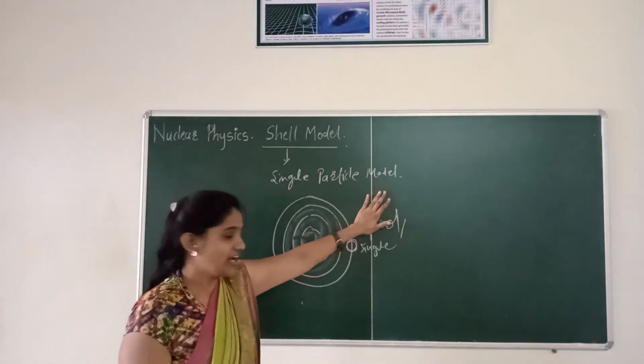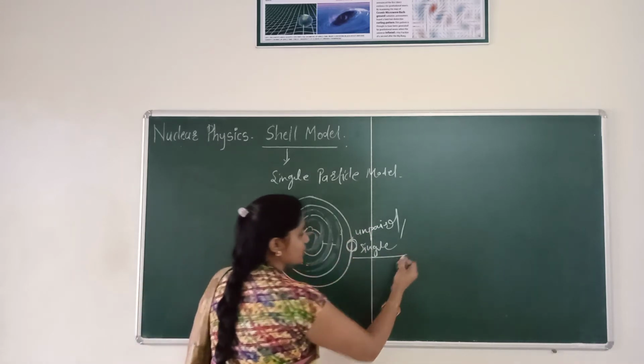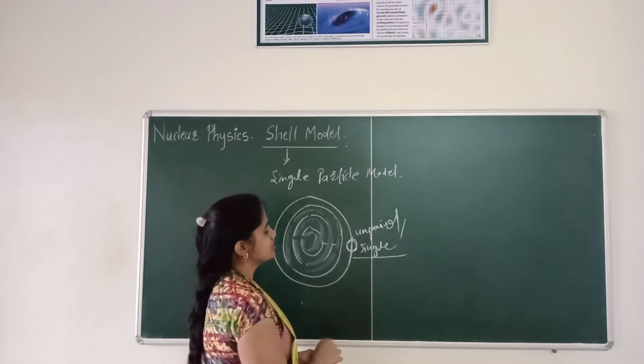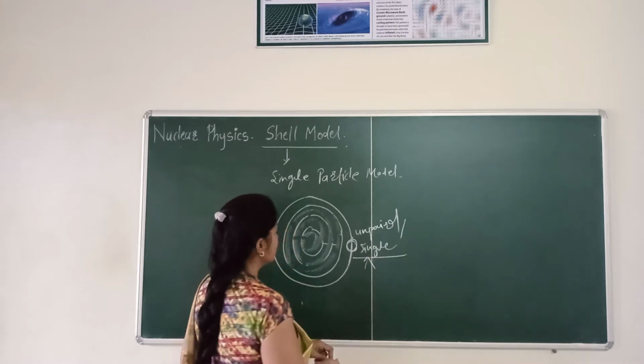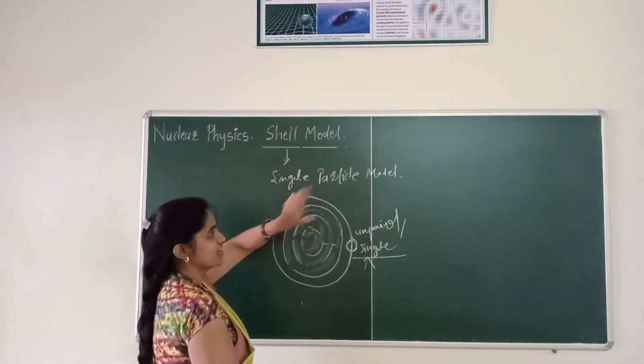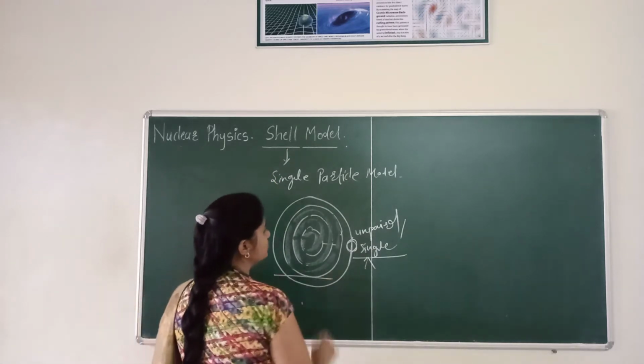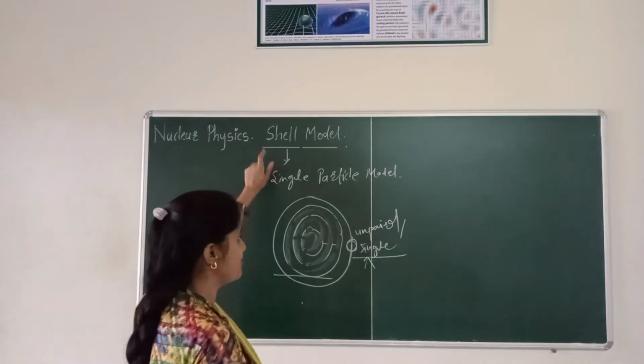Understand? Due to this, we are going to study the property of the single nucleon in the nucleus, and that's why this shell model is also called the single particle model. Why are we going to study the shell model?